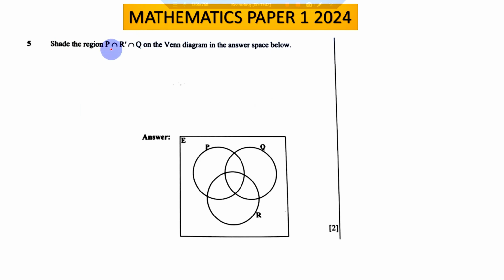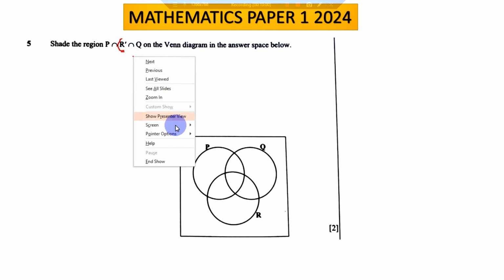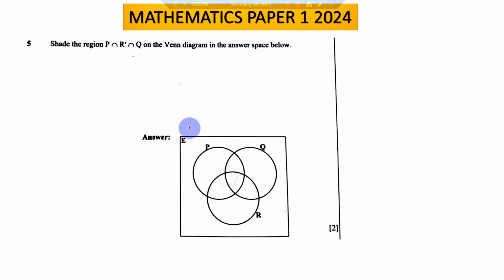Shade the region P intersection R complement intersection Q on the Venn diagram in the answer space below. Very simple. First of all, we deal with one operation at a time. If you look at R, R has got a complement. Complement means elements that are not members of this particular set.